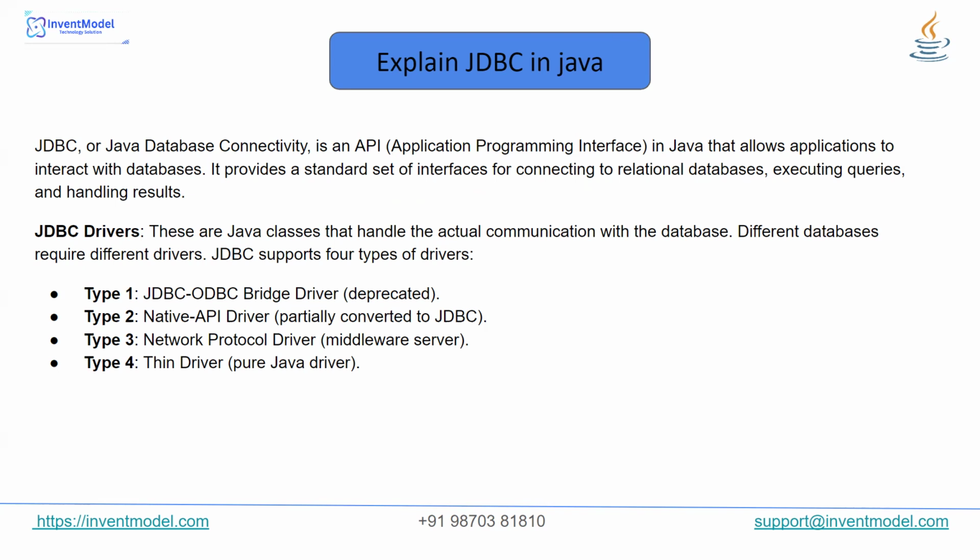It is an API in Java that allows applications to interact with databases. It provides a standard set of interfaces for connecting to relational databases, executing queries, and handling results. It means it is an API with different properties by which we can communicate with the database. There are different types of JDBC drivers which are present.